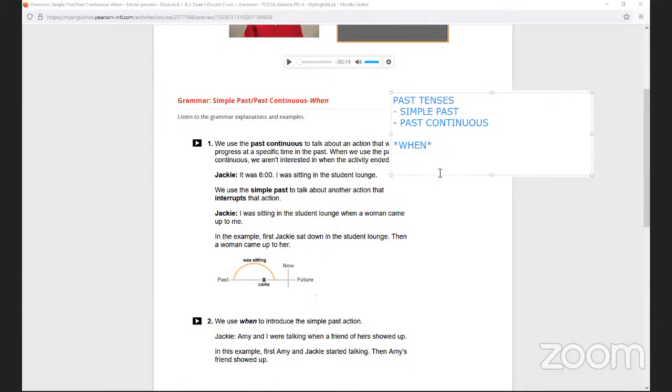So we could say that we can have, for example, here the simple past. In the middle we have the connector when, and after, in order to join these two sentences, we're gonna use the past continuous.